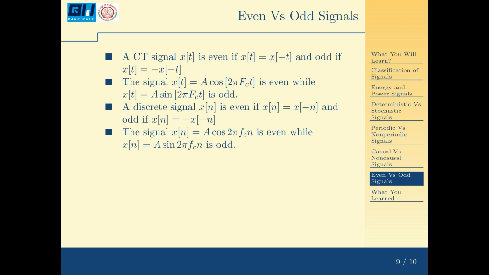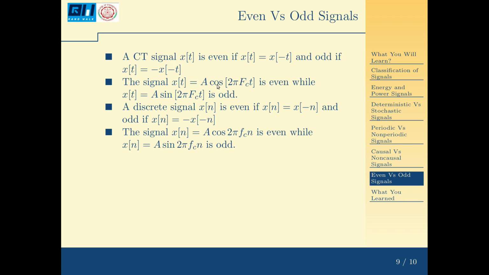If it has anti-symmetry, then it's an odd signal. That is, if the flipped function is the same as the original function, then it's an even signal. If it is the negative one, then you see an anti-symmetry, and it's an odd signal.